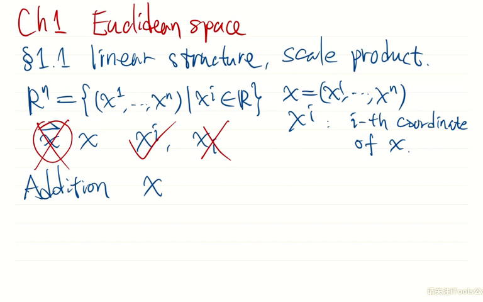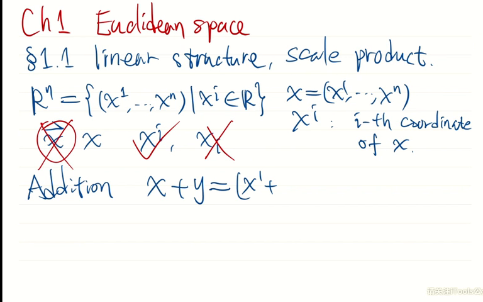Suppose x and y are two elements of Rn, then we define x plus y. x plus y is a new element in Rn whose components are the sums of the corresponding components of x and y. Therefore, the components of x plus y are x1 plus y1, ..., xn plus yn. This is the first operation on Rn, called addition.